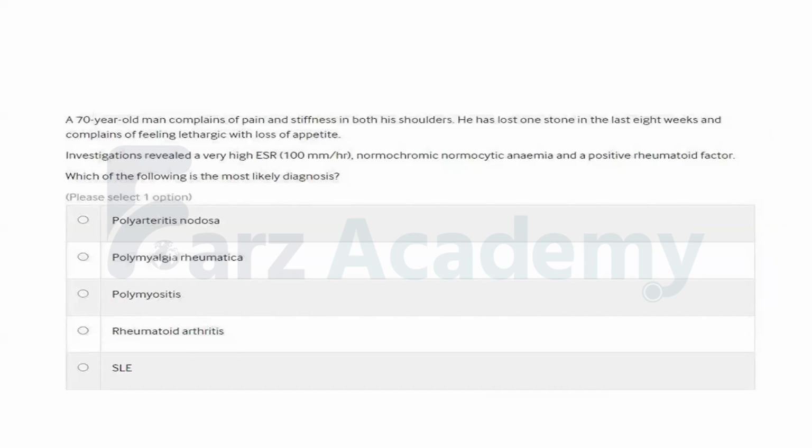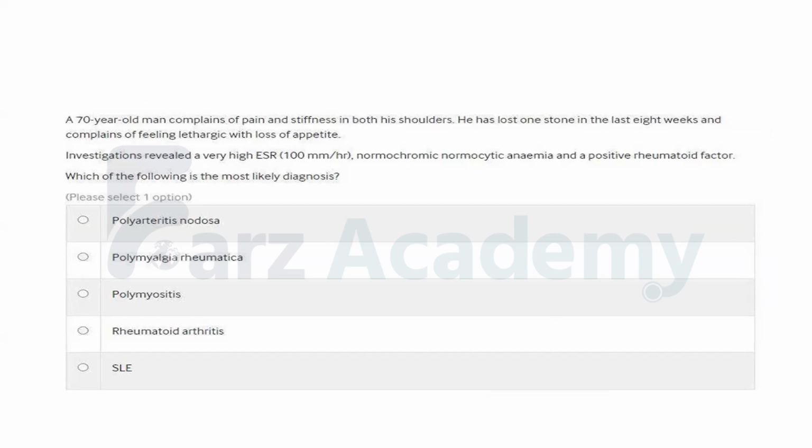Next question. A 70-year-old man complains of pain and stiffness in both his shoulders. He has lost 1 stone in the last 8 weeks and complains of feeling lethargic with loss of appetite. Investigation revealed a very high ESR, normocytic normochromic anemia, and positive rheumatoid factor. Which one of the following is the most likely diagnosis?